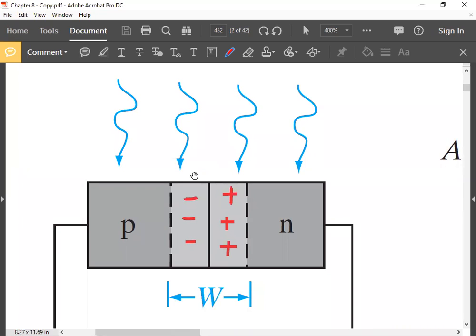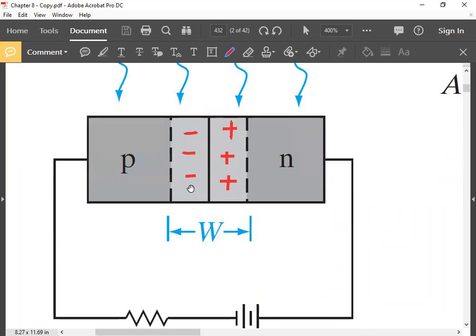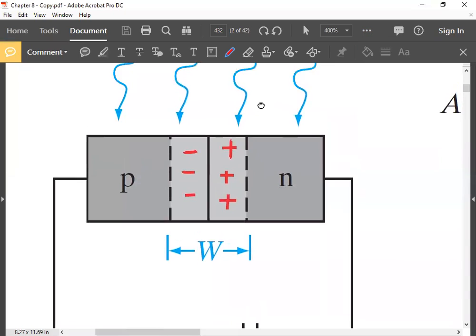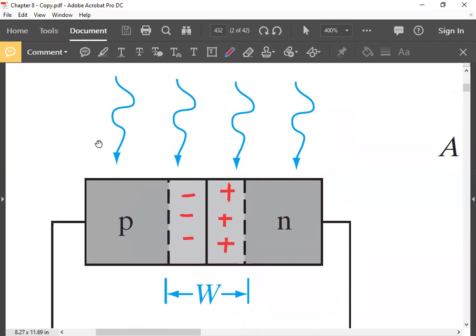So in the depletion region, the P side has negatively ionized acceptor ions, and the N side has positively ionized donor ions. Because of the illumination, this illumination is uniform everywhere. The same number of photons are falling per second, and this is a steady state illumination.